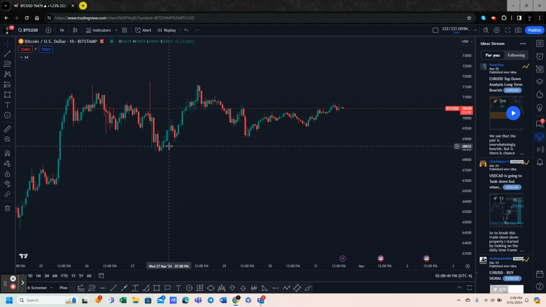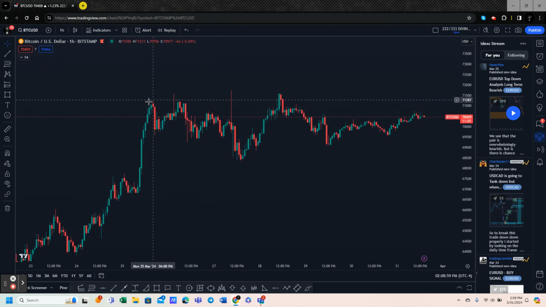All right, now I'm on BTC USD, and we just really want to go over some supply and demand zones. As I mentioned before, we want to look for these banker candles. Now I am on the 1 hour chart, so it's going to be a little bit more activity on the 1 hour chart. But I can clearly go back here and I can see.